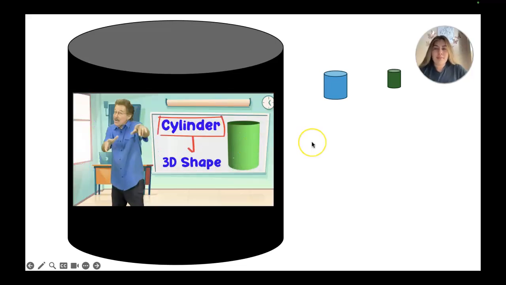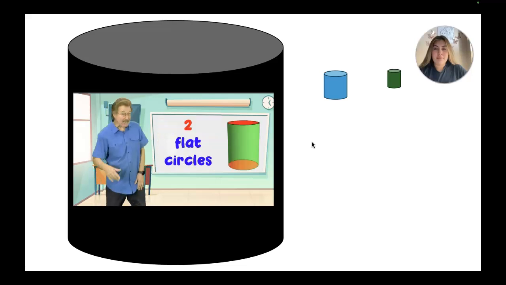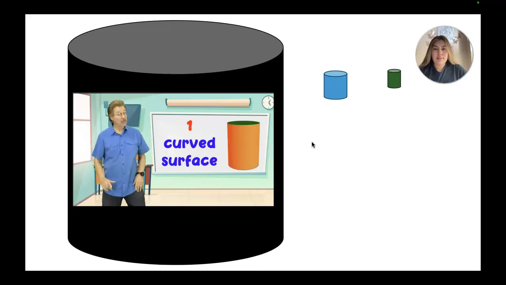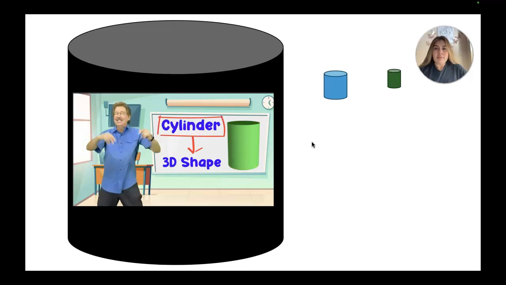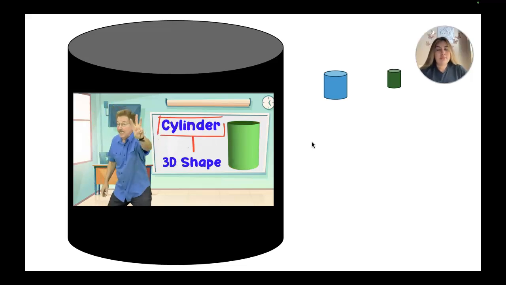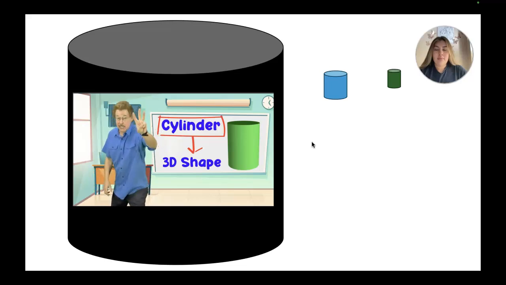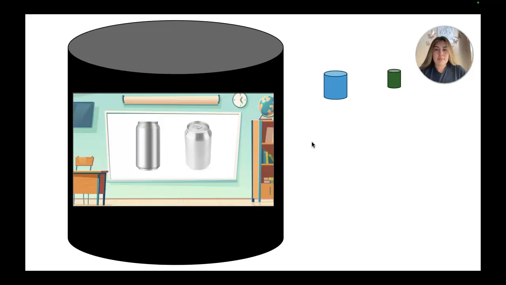A cylinder is a 3D shape. The flat circles at the top and bottom are the same. And one curved surface that goes all the way around. And two curved edges can be found. A can has a 3D cylinder shape.